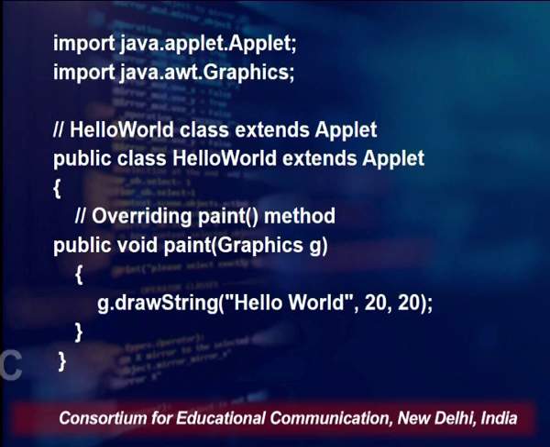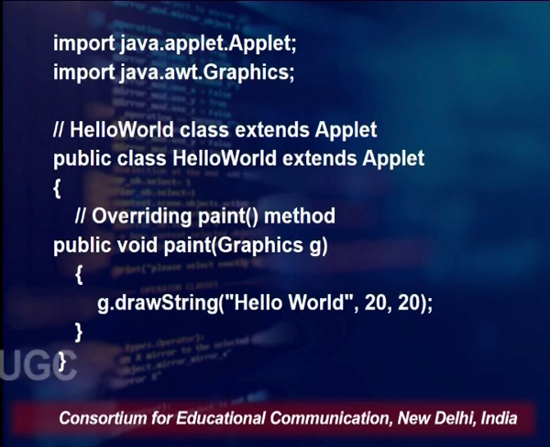Then there is a method of this Graphics class, drawString. Whatever string you pass within the parentheses as the first parameter will be displayed, and after that string the two parameters are the x and y coordinates.